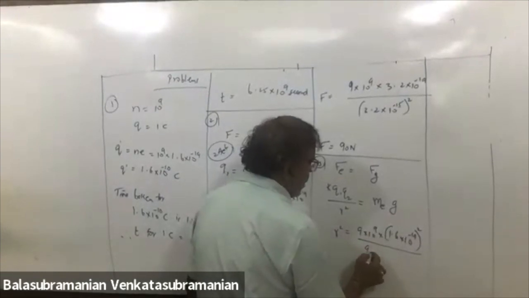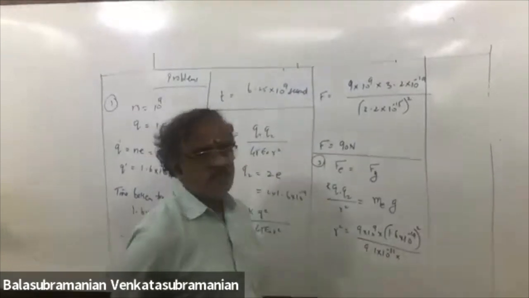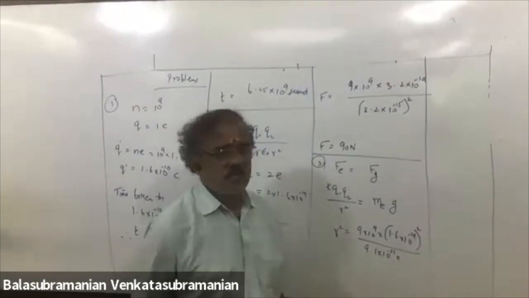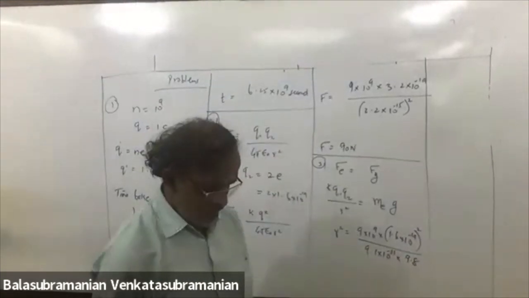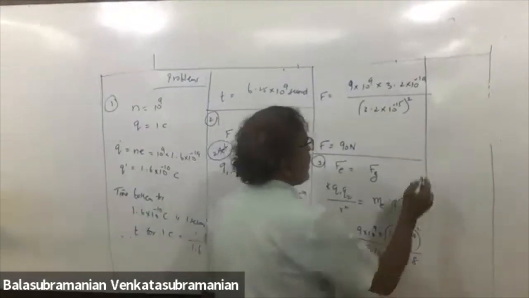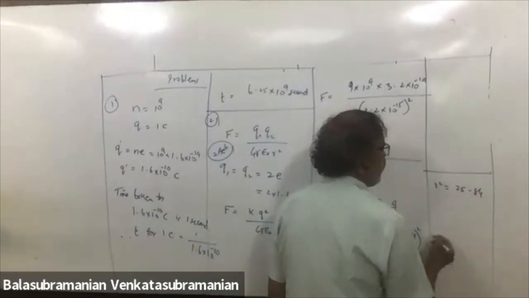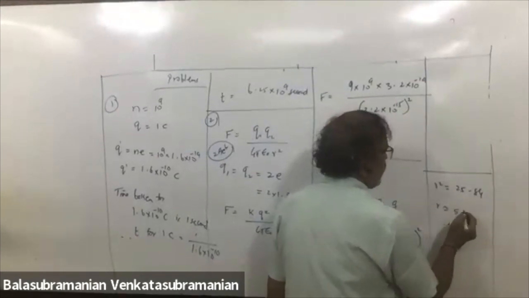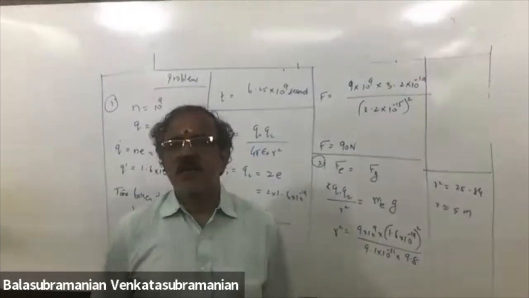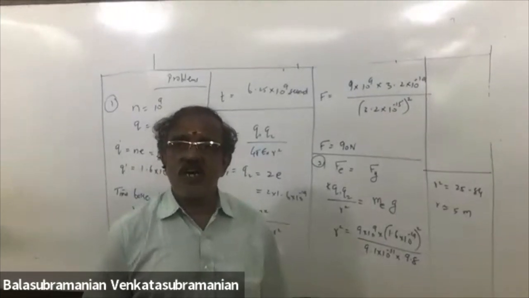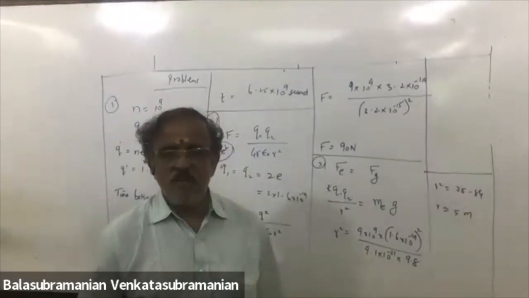Mass of the electron is 9.1 into 10 power minus 31 kilogram. That is a constant value. g is 9.8. Simplify this and you get R square nearly 25.84. So R is nearly 5 meters. 5 meter is an extraordinarily high value. Just for the sake of the problem we have done it.